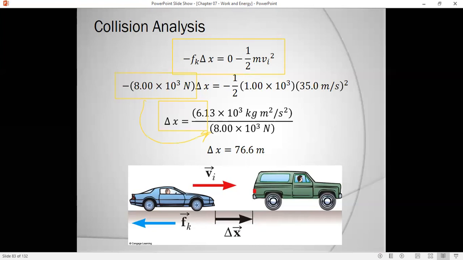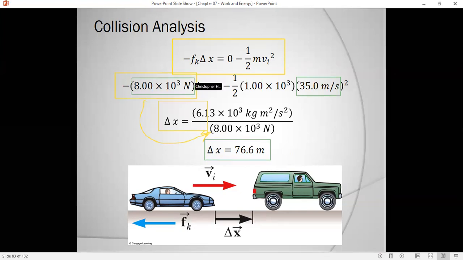And what we see here is that it doesn't look like a big number, but think about this. It will take 76.6 meters to go from 35 meters per second to 0 using a force of, how much was our force? There's our force.